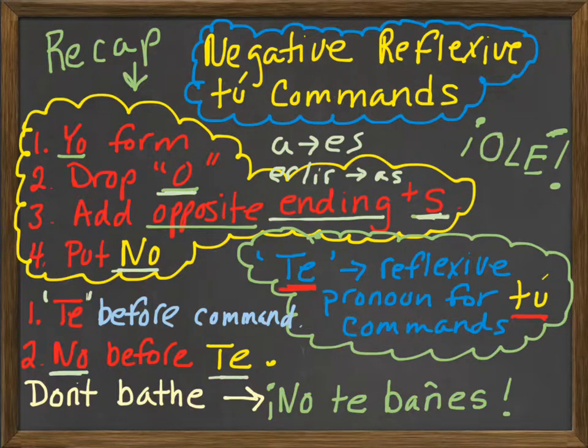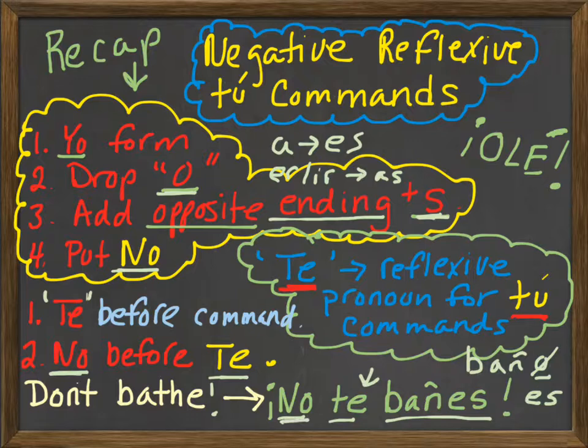So, for example, if I'm going to say don't bathe, it's going to be no te bañes. And notice I got bañes because I went to the yo form in the present tense of bañar, which would have been baño. Remember, you drop that o, you add the opposite ending, and since it's an AR verb, my opposite ending is going to be an e plus an s, so I got bañes. Okay, that's how I got that part. A reflexive pronoun has to come before the command because it's a negative command this time, and then your no just comes out front.